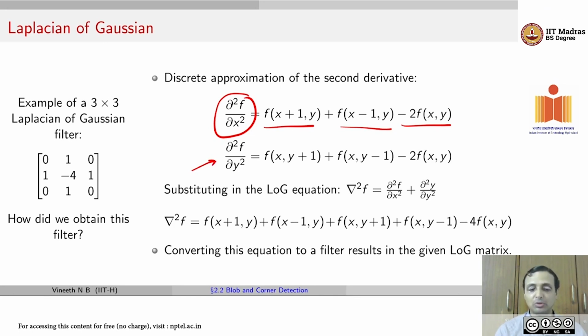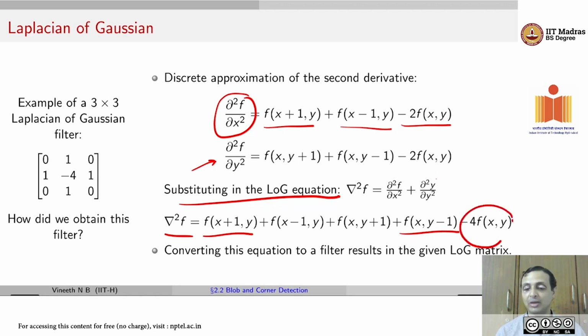Now, if you put both of these into your Laplacian equation, you would have grad square f is equal to f of x plus 1, y plus f of x minus 1, y plus f of x, y plus 1 plus f of x, y minus 1 minus 4 times f of x, y.